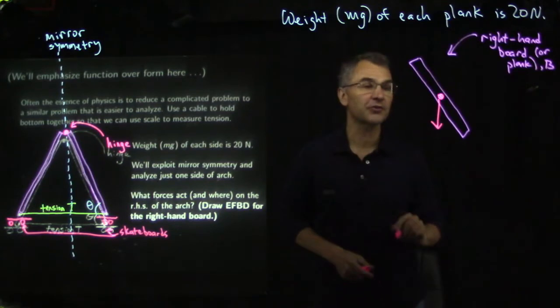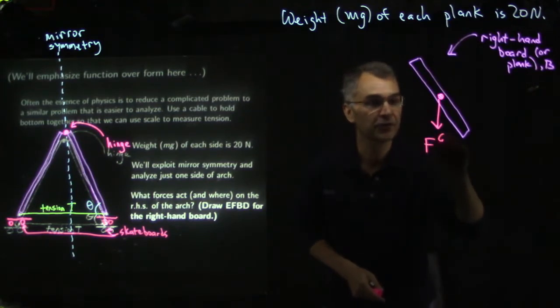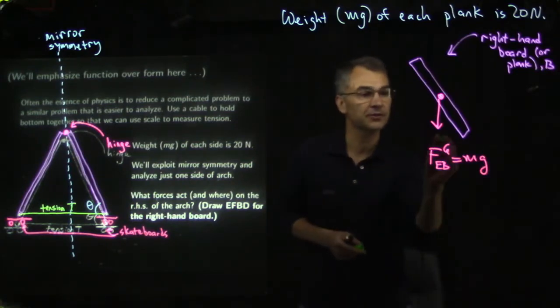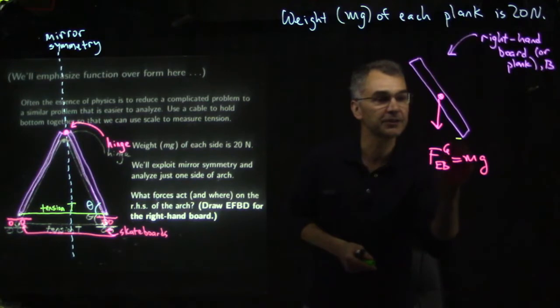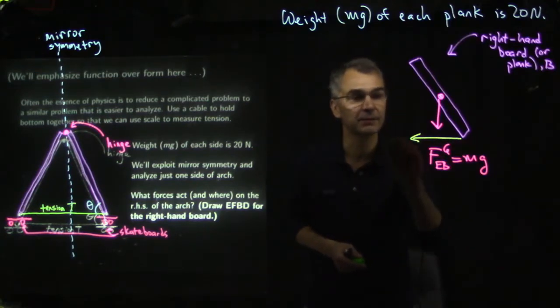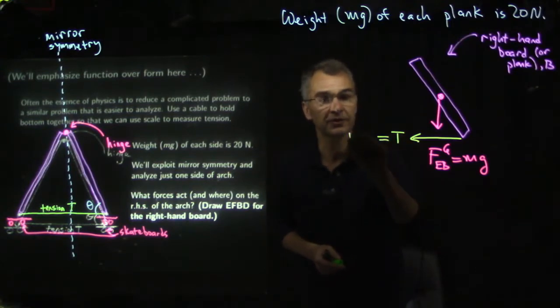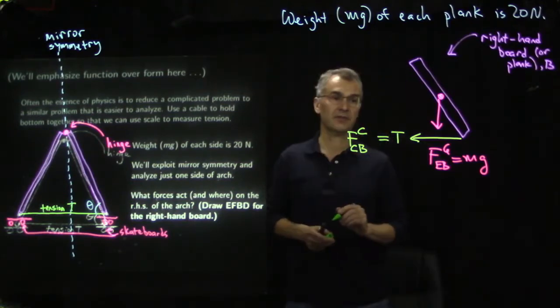So the first force is the gravitational force by Earth on the board, which just equals mg. The next force is the tension force, the contact force exerted by the cable. So I'm going to say this is the tension T, which is the contact force exerted by the chain or the cable on the board, and it's horizontal.